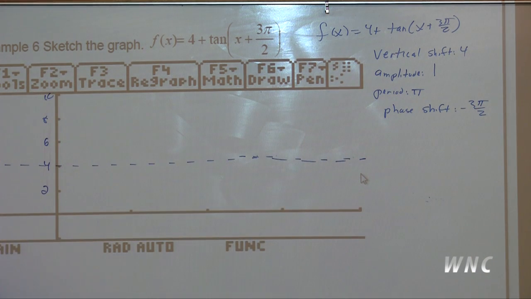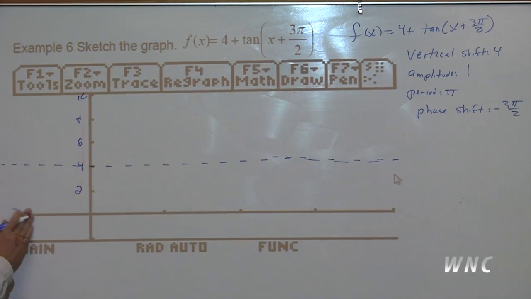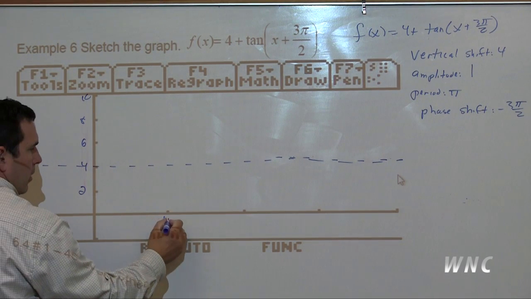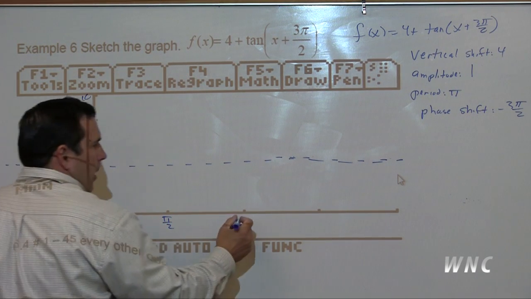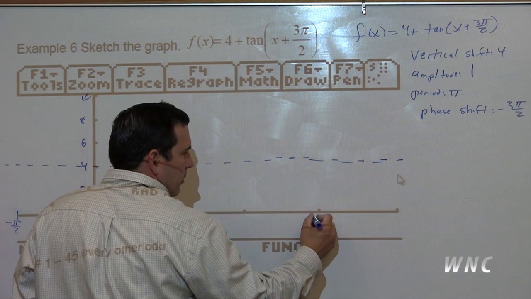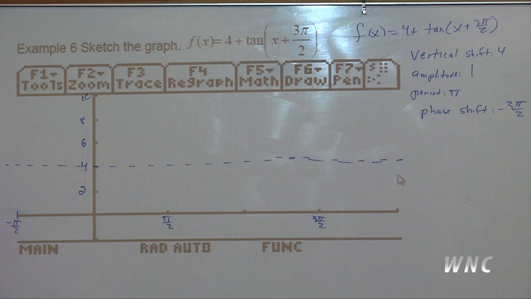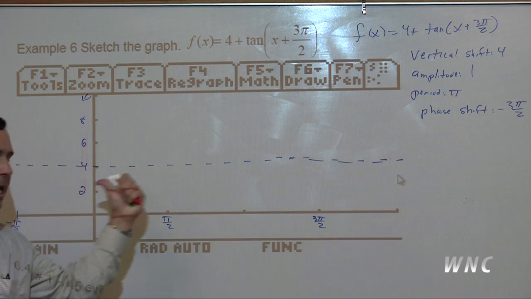What does that mean to us? We normally would go from negative pi over 2 to pi over 2. And we go pi over 2 to 3 pi over 2. But having a negative 3 pi over 2 phase shift, it's going to go to the left 3 pi over 2.